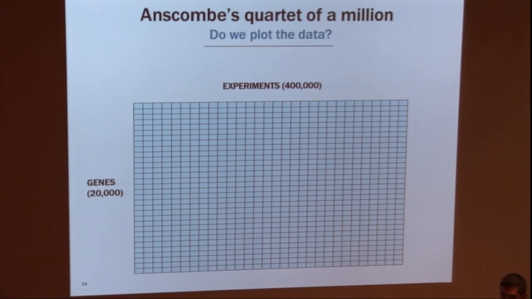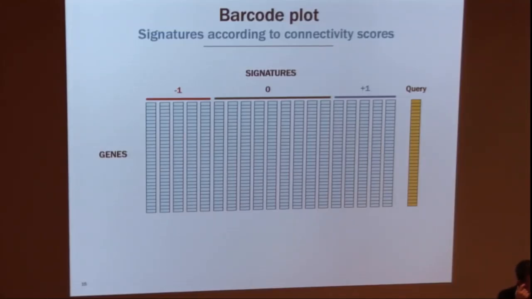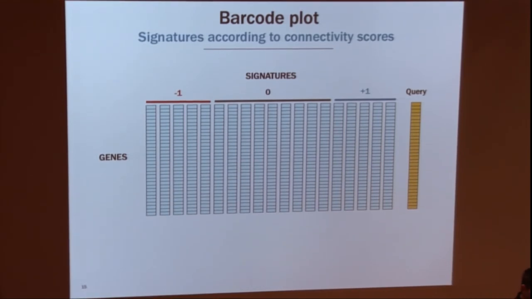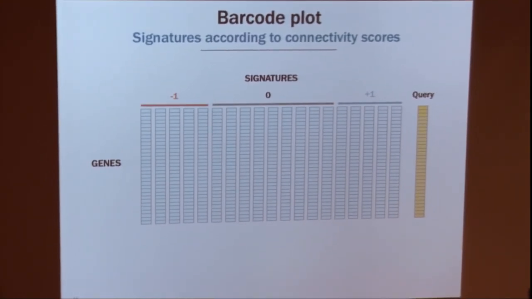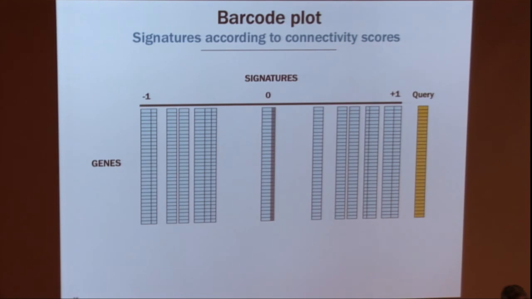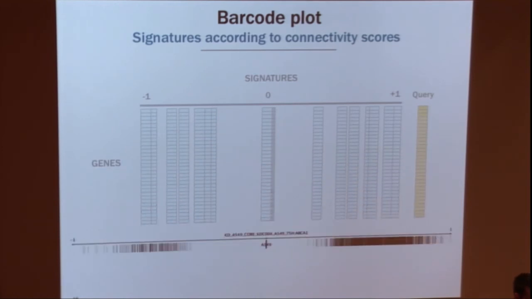And so we've been experimenting with different processes of trying to get an overview of the data itself. If you look at these ranked order lists, one simple approach is just to take the connectivity score of all the columns to a given query, and then plot that according to a scale from, say, -1 to 1, and then you get these sort of barcode plots.